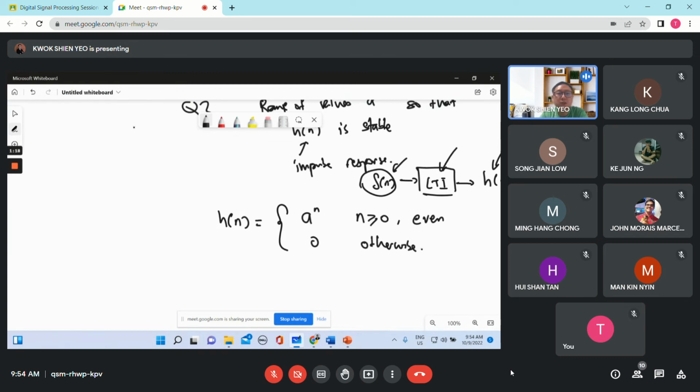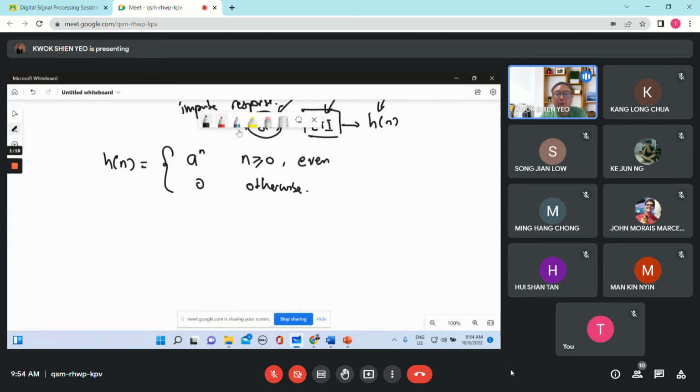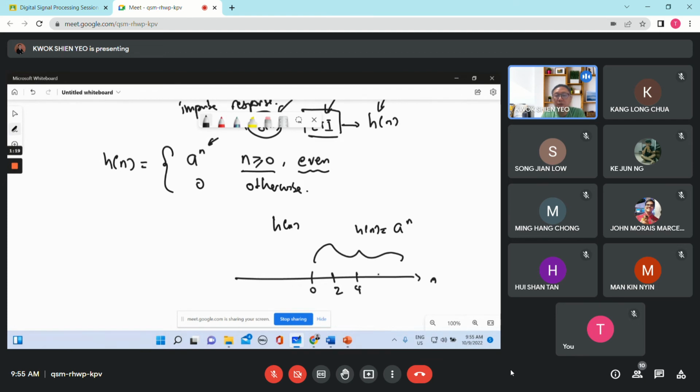Okay, so this system is quite convenient because it says that if you are having an h[n], you need to care about the n that is at the right side after the 0, because for n greater than 0, then you should use this equation. So for the values here, h[n] equals a to the power of n, and it even restricted it to the even entries, 2, 4, 6, and so on.